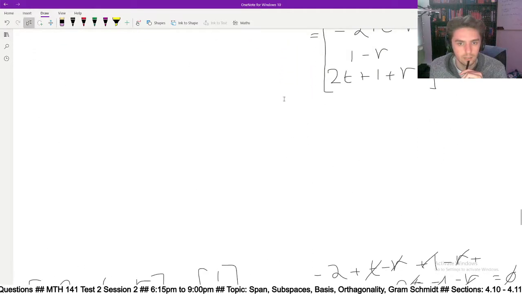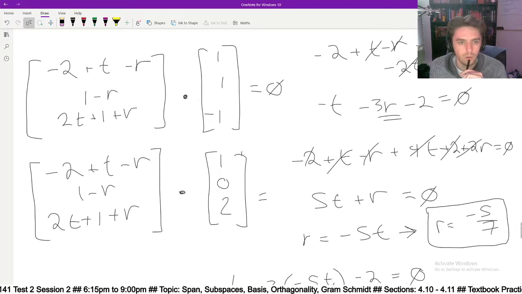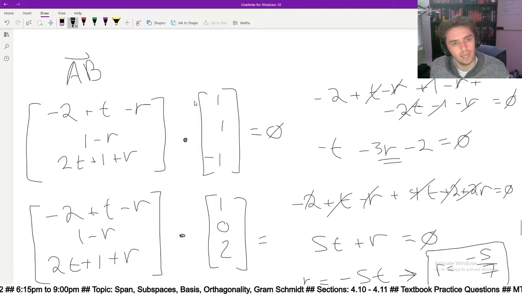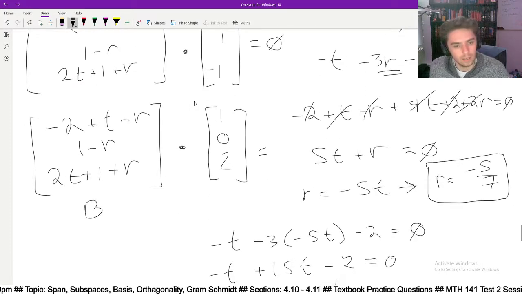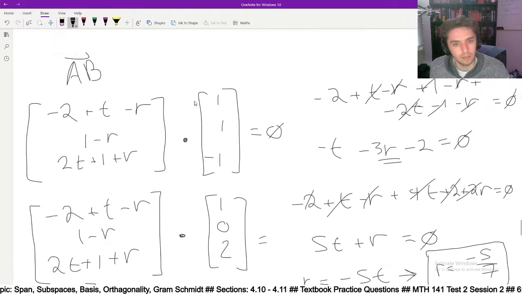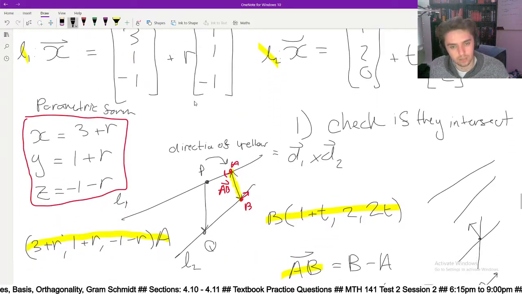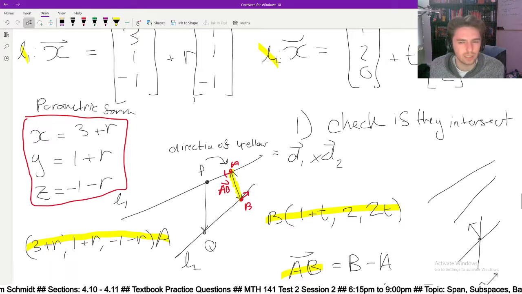Okay, here is where I found the cross product, which doesn't matter. So what I know about AB, this is AB here. What I know is that AB is at the same time going to be perpendicular to the direction vector of this line and the direction vector of this line. Now, the part that's kind of confusing me is, how does that mean the shortest distance?